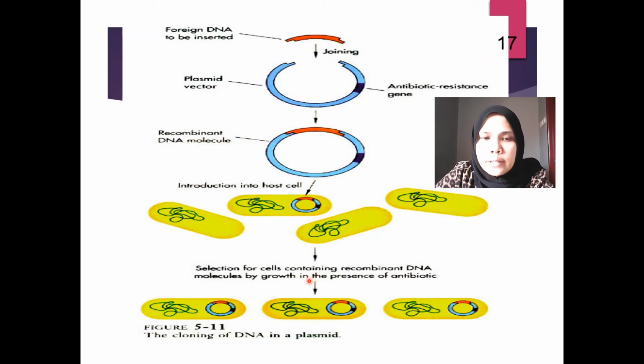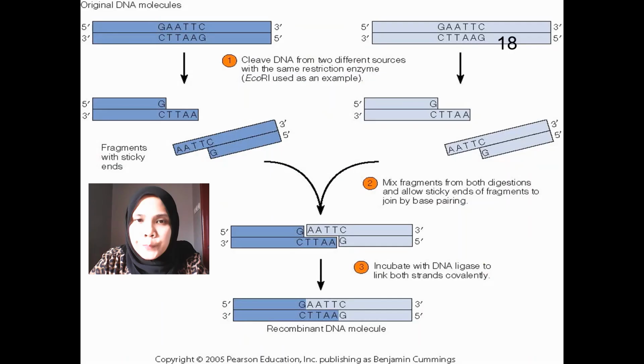And then we select the cells containing recombinant DNA molecules by growth in the presence of antibiotic. So those cells that live are the ones that carry our gene of interest, because the plasmid has the antibiotic resistance gene. So that's how we clone DNA in a plasmid.